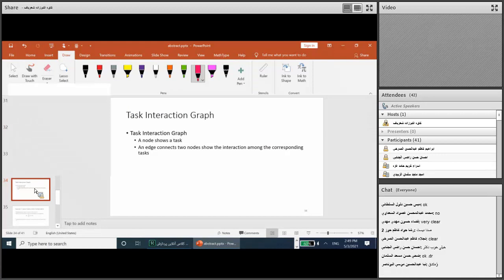Next topic: Task Interaction Graph. To explain the Task Interaction Graph, we use an example.